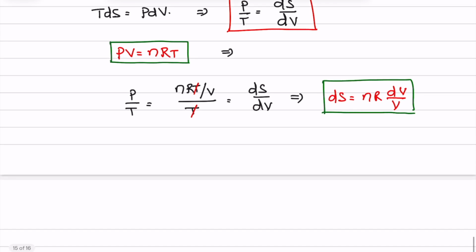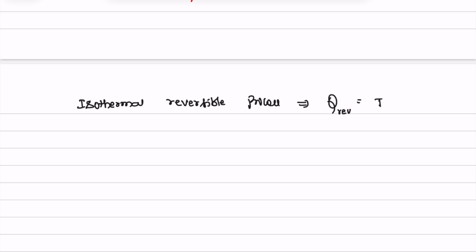We will replace this here, if the process is reversible, as we are dealing with reversible processes in our total course, as the isothermal reversible process. Q reversible is equal to TdS.